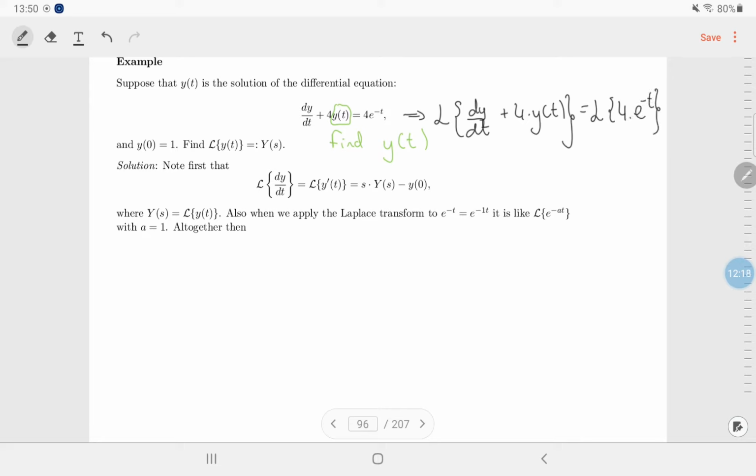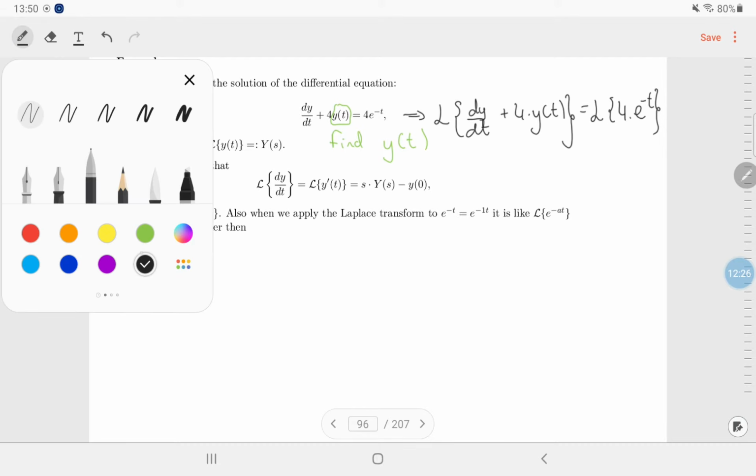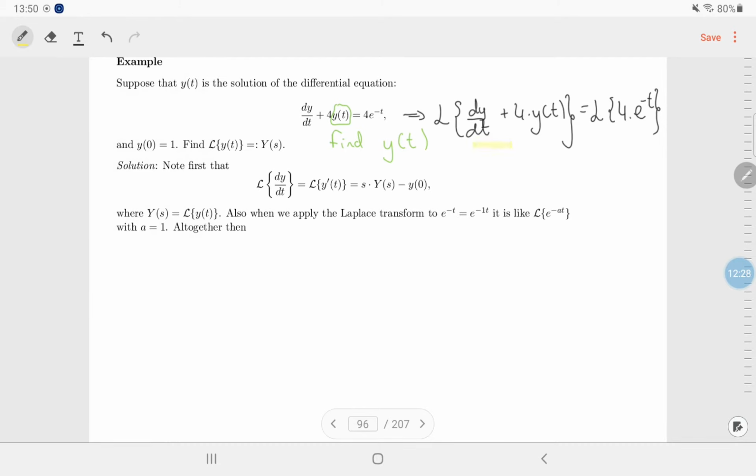Now I'm going to use the fact that the Laplace transform is linear. What linear means is, if you want to find the Laplace transform of a sum, you can do it term by term. So the Laplace transform of dy dt plus 4y of t is the same as the Laplace transform of dy dt plus the Laplace transform of 4y of t. Linearity also includes the fact that you can take out constants.